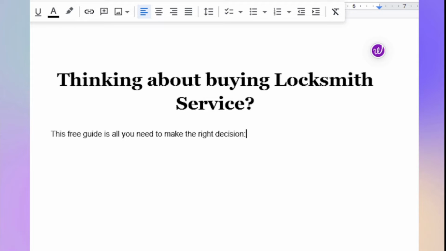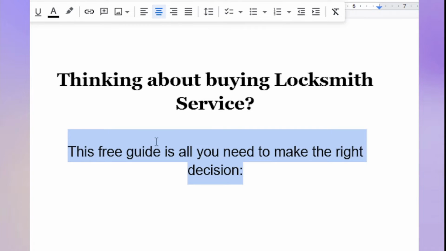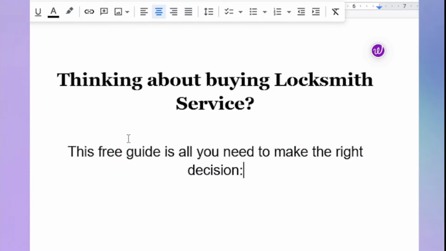Okay, so this is our body copy. Let's make it a little bit interesting. Okay, make it headline 1 and make it bold so that people can focus on that. Okay, so let's elaborate a little more on this.